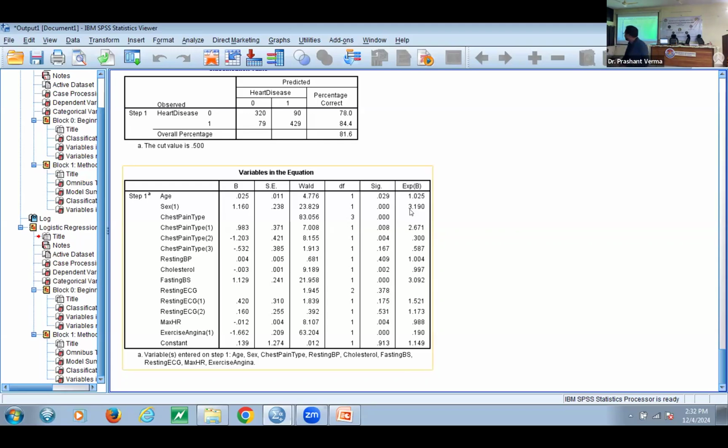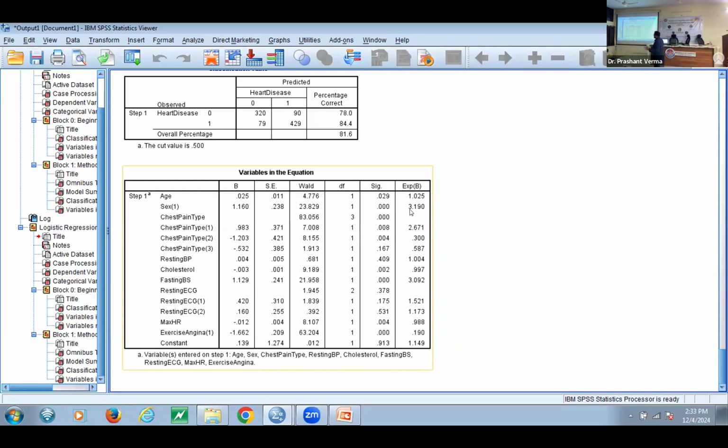If the gender exponential beta comes to 1, what does it mean? This odds ratio is basically the risk in men divided by the risk in women. If it comes to 1, there is no difference in the probability of having heart disease between the two genders.